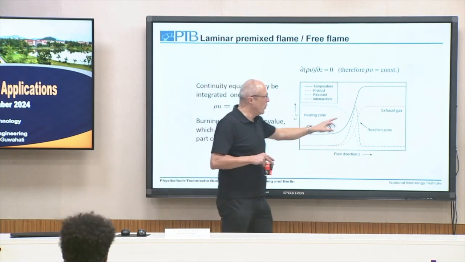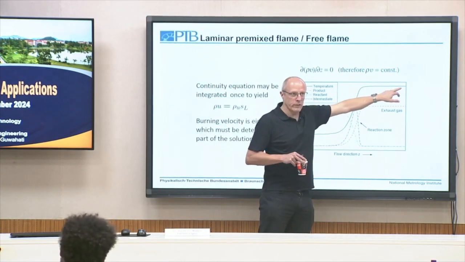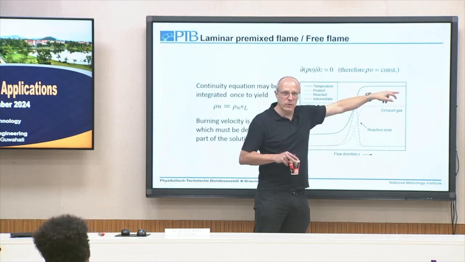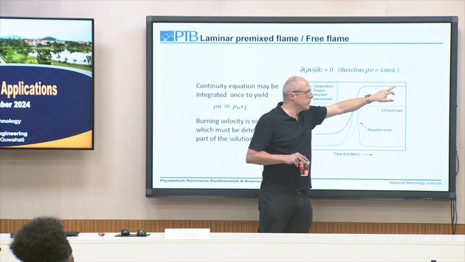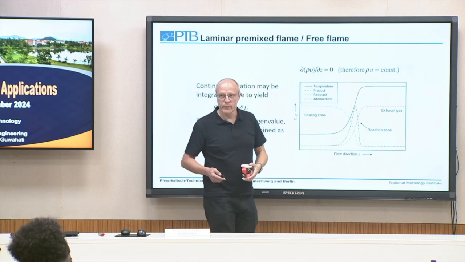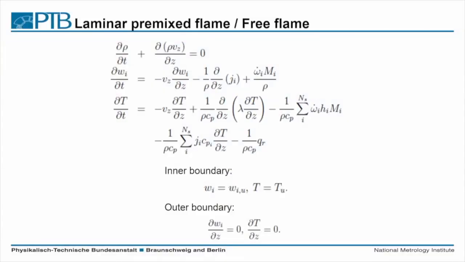So we don't need to know the exact temperature at the end, but we know that temperature does not change anymore. On this we can base the boundary conditions for our equation system. So the input values are the exact values for mixture composition and temperature, and at the right side of our equation system, we use these boundary conditions.